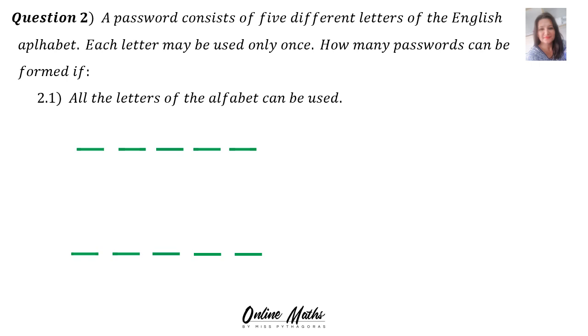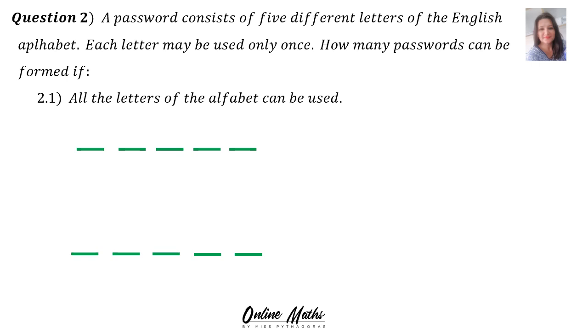Question 2. A password consists of 5 different letters of the English alphabet. Each letter may be used only once. How many passwords can be formed if 2.1 all the letters of the alphabet can be used? Now, do you agree the password has to consist of 5 different letters? Now, there's your 5 spaces.